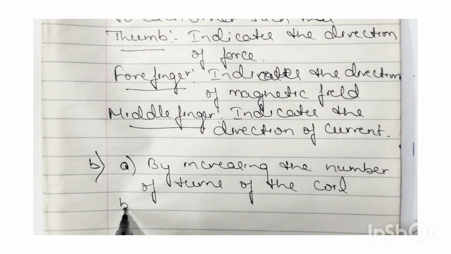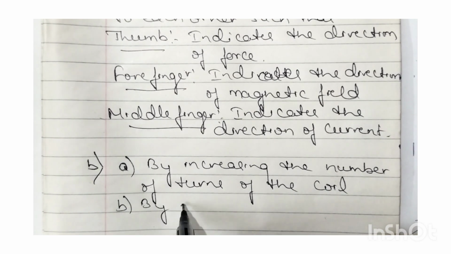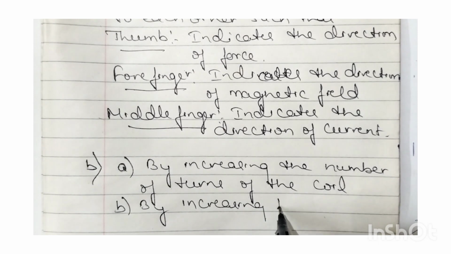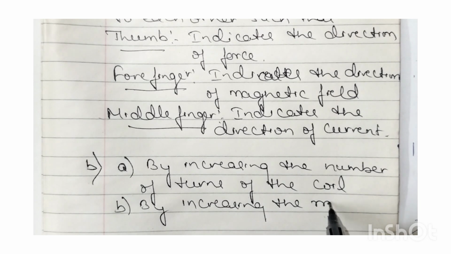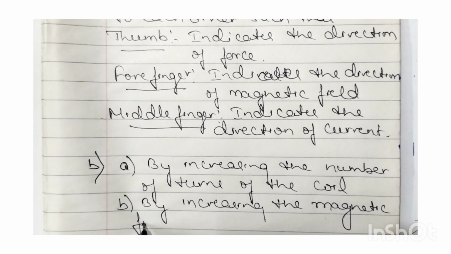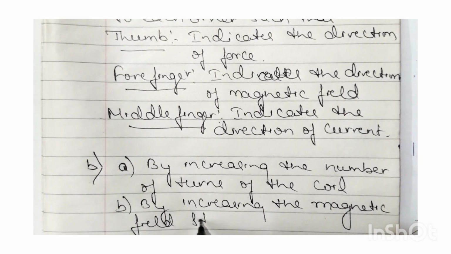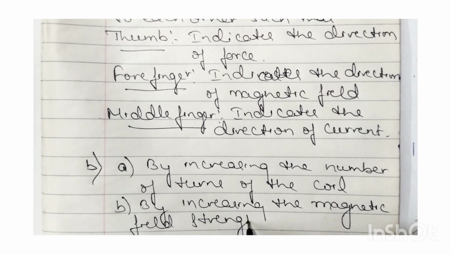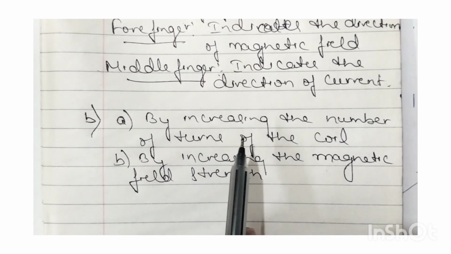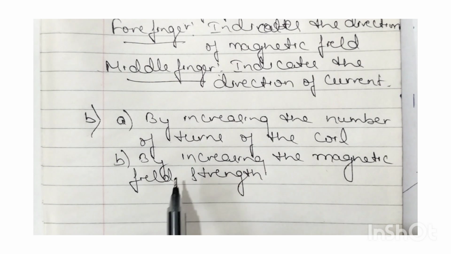Second, by increasing the magnetic field strength. So by these two methods, increasing the number of turns and increasing the magnetic field strength, we can increase the amount of current.